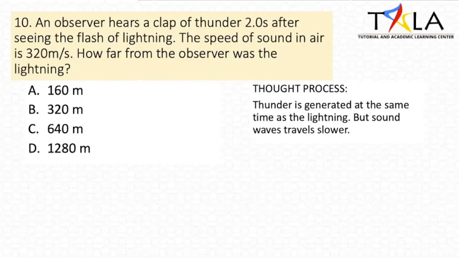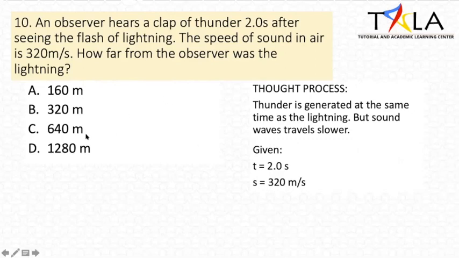So the speed of sound in air is 320 meters per second, right? So paano kaya natin ito isosolve? We are given the time, 2 seconds, and the speed of sound, 320 meters per second. To calculate the distance between you and the original location of the thunder, how do we solve?